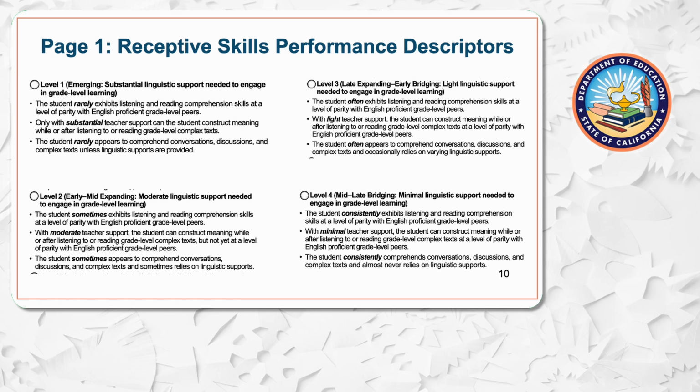She then demonstrated comprehension of this text during her peer interactions. In terms of listening skills, her participation in her grade level discussions with her EL and non-EL peers shows she was able to comprehend the conversation without any linguistic support. I will therefore mark that this student is at level 4, mid to late bridging, for her receptive skills.